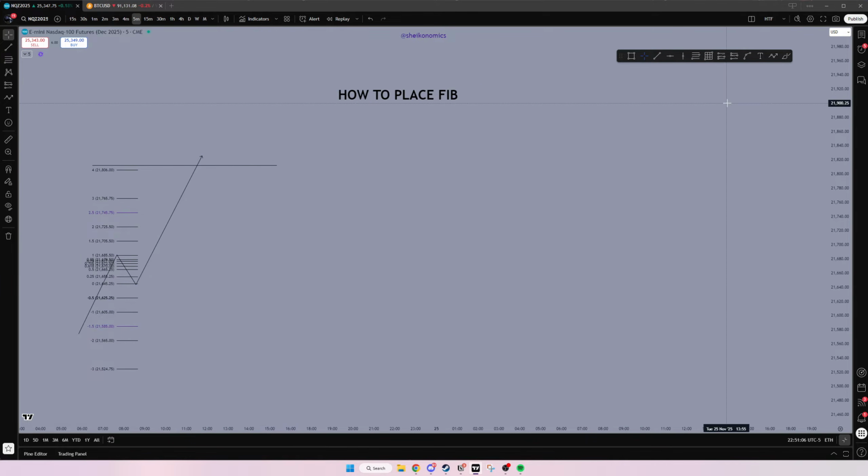Now, sometimes this leg that taps this key level right here is gonna have multiple retracements. So how do you know which one you draw your fib on? So the first case, let's say you have a few retracements here and you don't know which one you're gonna place your fib on. If you have too many retracements, what you do is you go higher on the time frame.